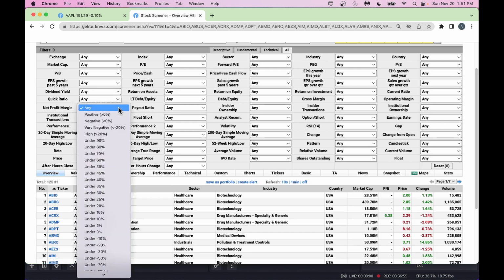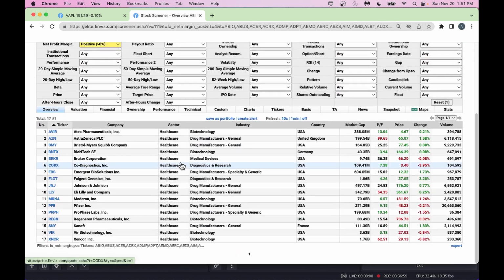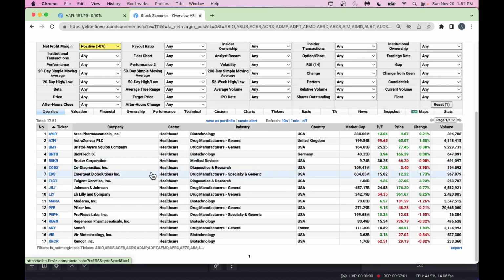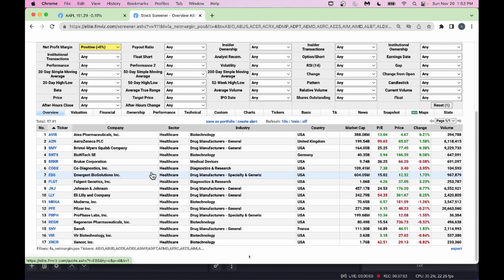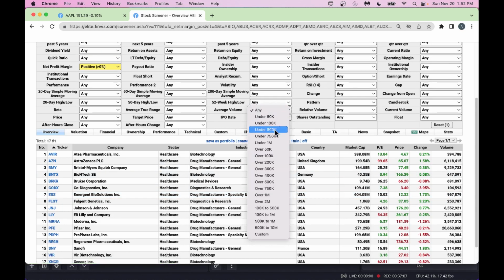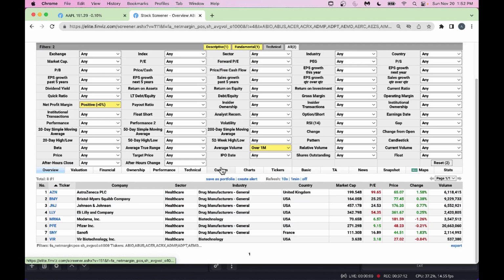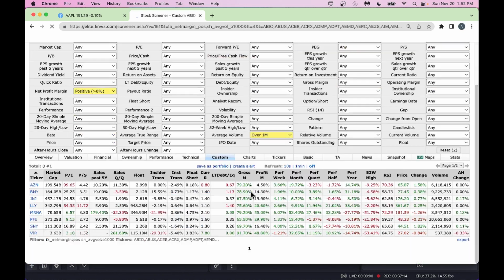You can say net margin greater than zero here. Now you got positive, profitable COVID stocks here. And if you want to look at a few more things here, maybe average volume more than 1 million, like we talked about. Look, now we got those stocks here, and I can go into my favorite custom view here.